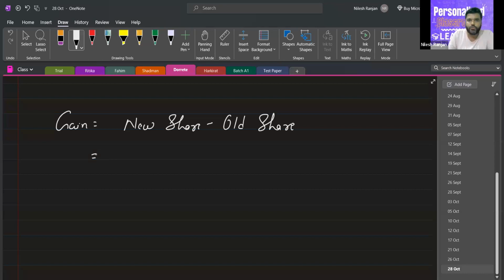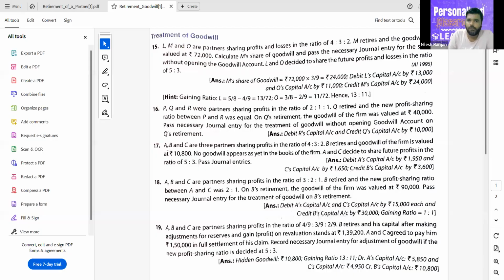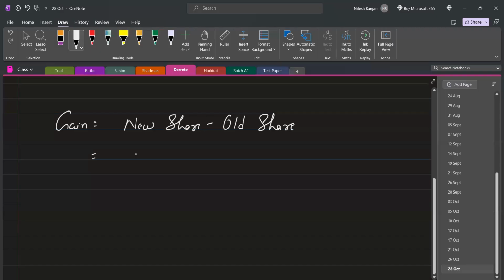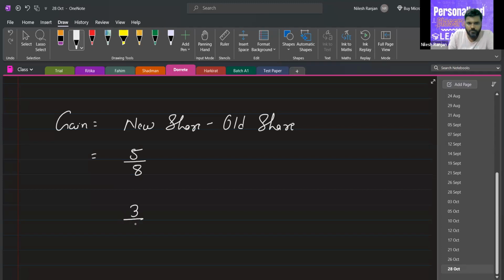Okay. Now new share is 5 by 8. Yes. And the second partner minus 4 by 9 minus 2 by 9.